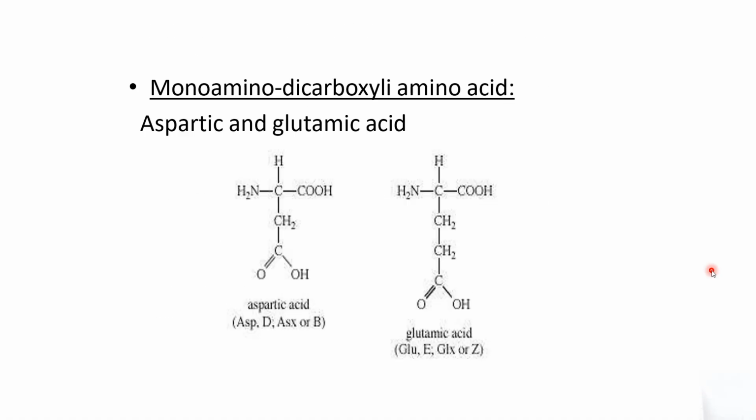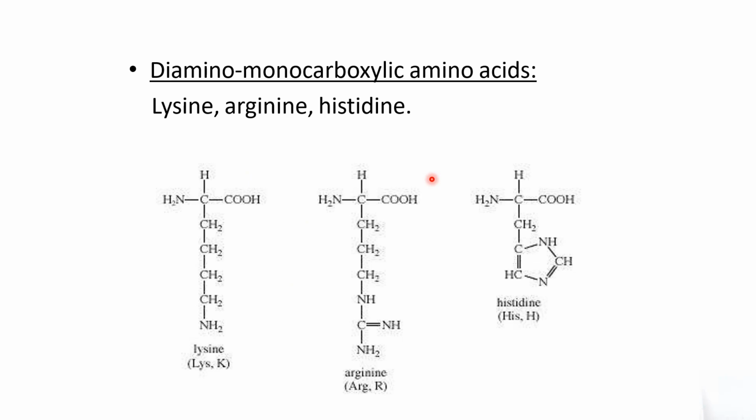Both are mono. Monoamino dicarboxylic because there is one amino group but two carboxylic groups, right? Then diamino monocarboxylic because there are two amino groups here and one carboxylic group.